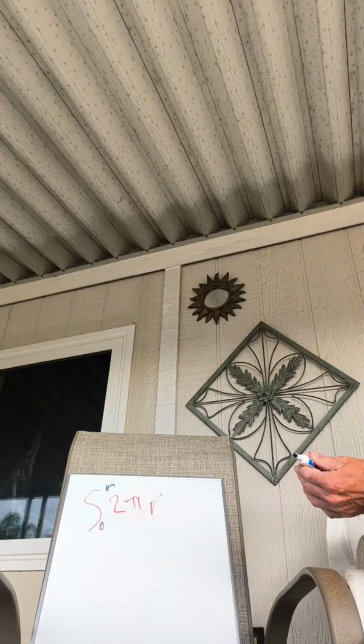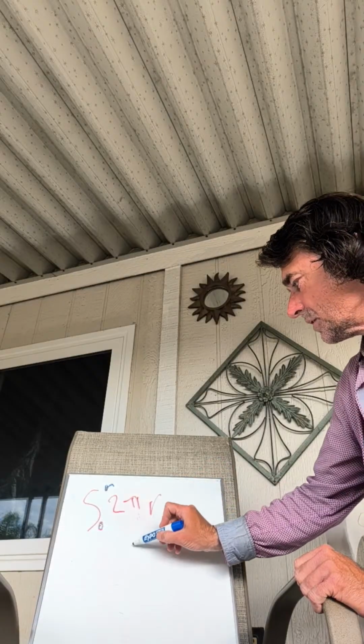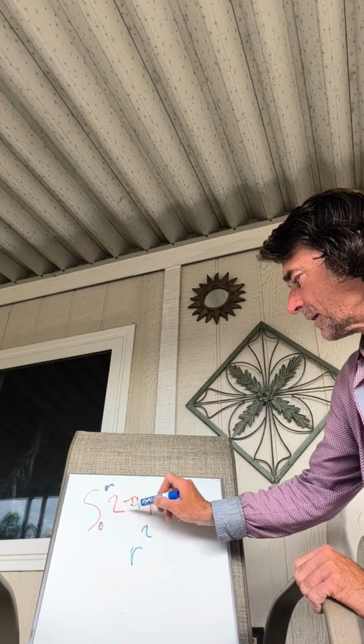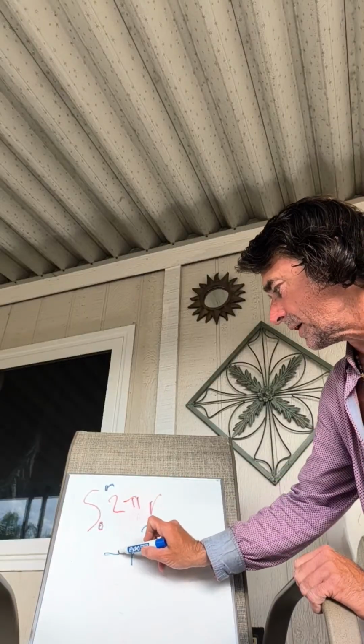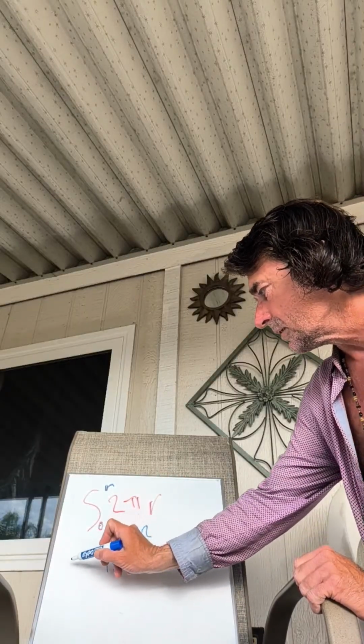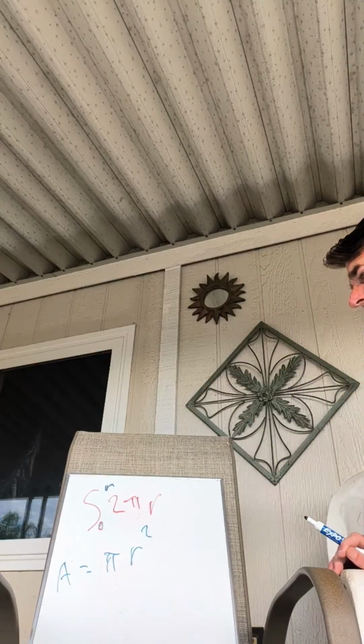If I integrate 2 pi r, I take r to the next higher power, which is r squared, and divide by the 2. The 2 divided by 2 is 1, so you get pi r squared. So the area of the circle equals pi r squared. I showed that intuitively and using calculus rather than some long, hard thing.